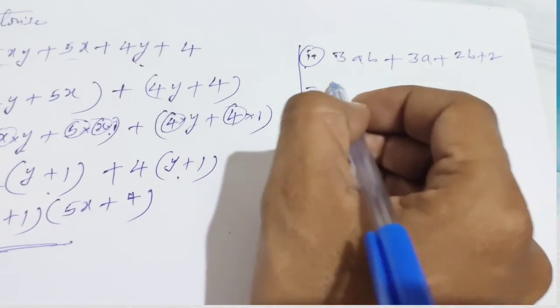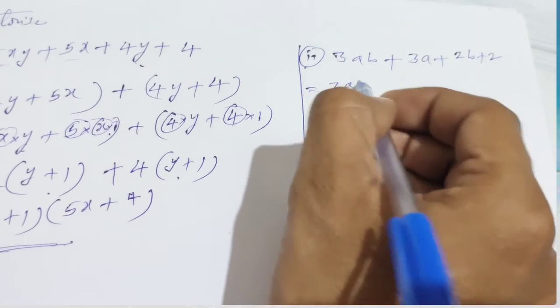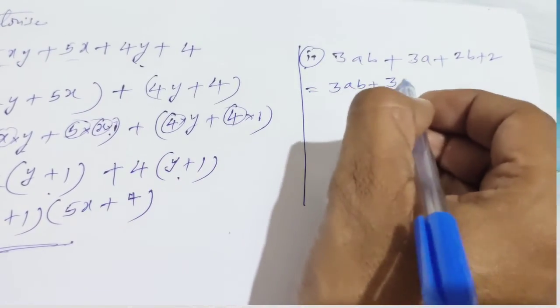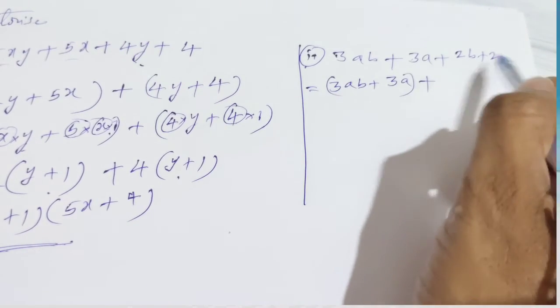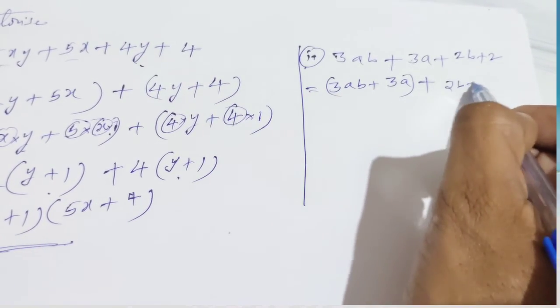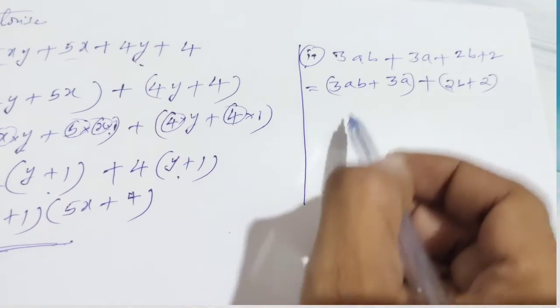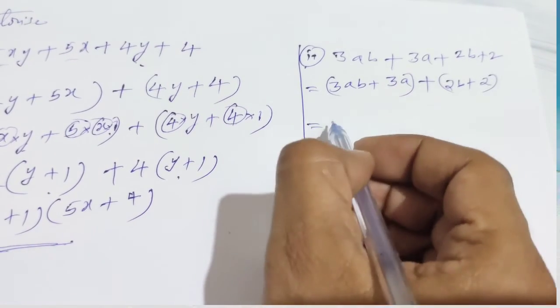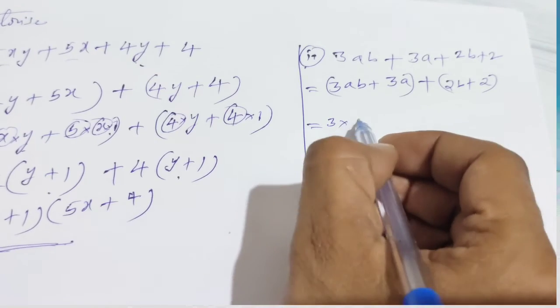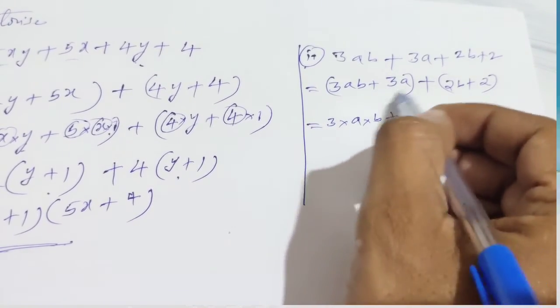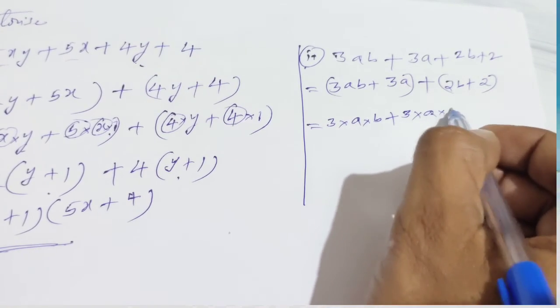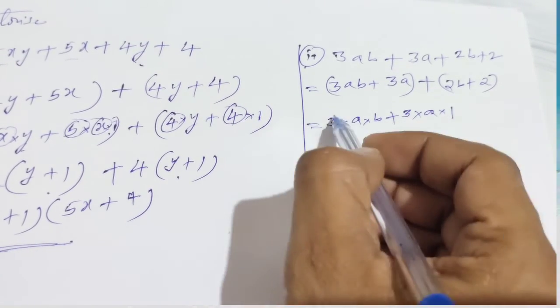Now grouping them again by observing first two terms, we have 3 as a common. So 3ab plus 3a, it is the first group, and the last two terms we have 2 as a common, so 2b plus 2. Okay. Now again expand 3ab as 3 into a into b, plus 3a as 3 into a into 1. Why? Because here we need 1.